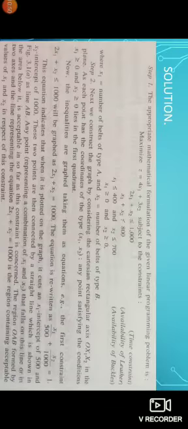Similarly, the second and third constraints. The second constraint is x1 plus x2 less than or equal to 800.